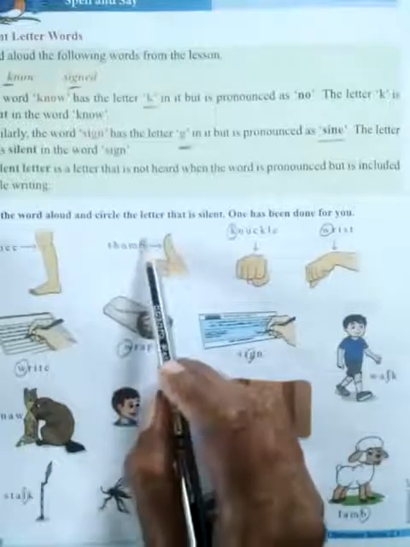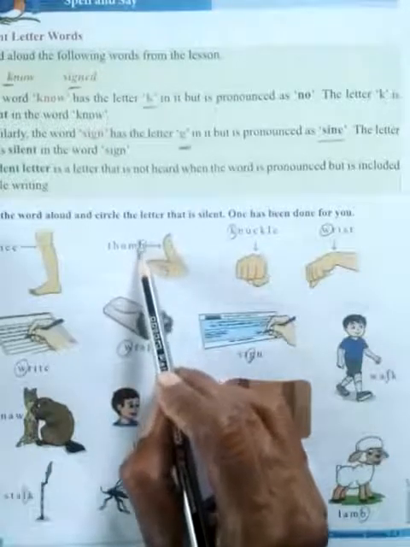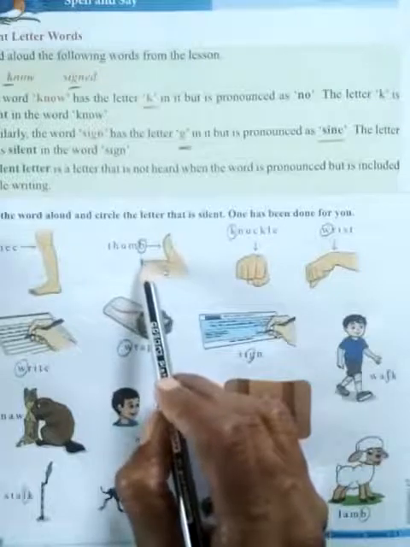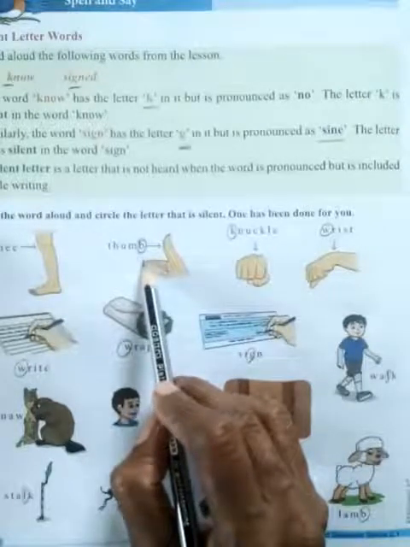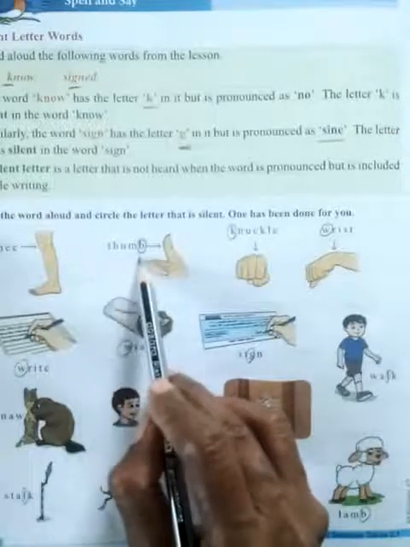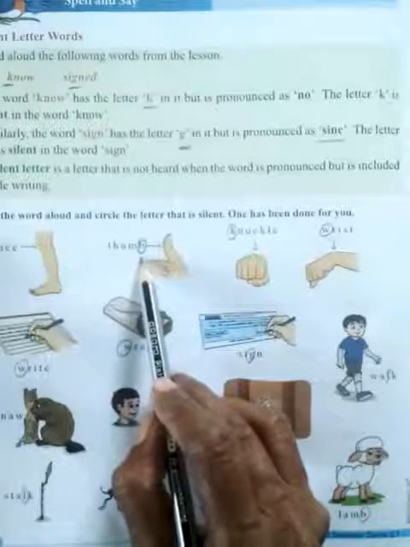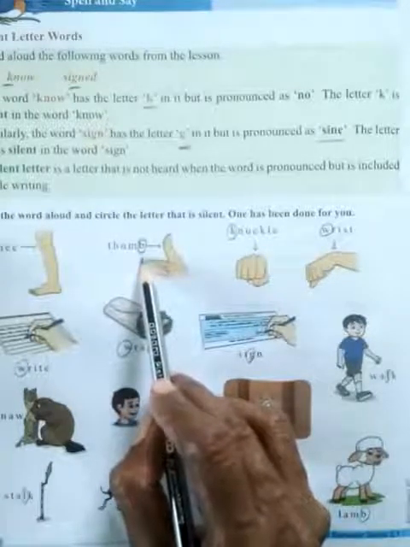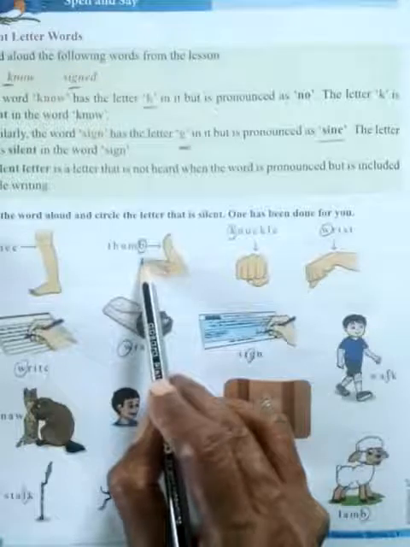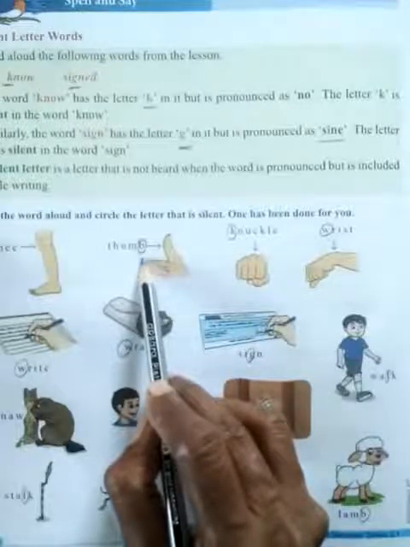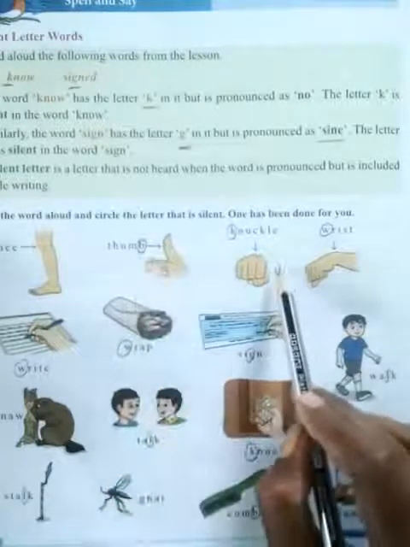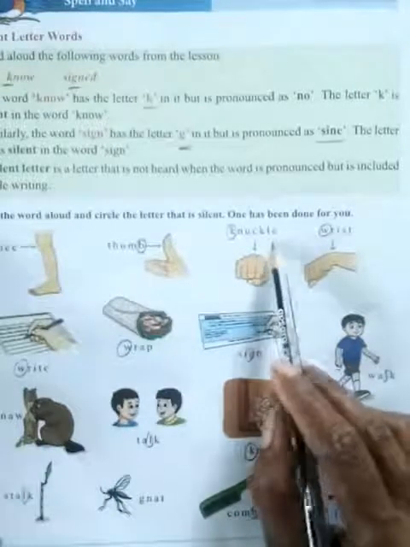See here, the B is a silent letter that is not heard when the word is pronounced. It is not heard when we pronounce the word. Okay. Next one, knuckle.